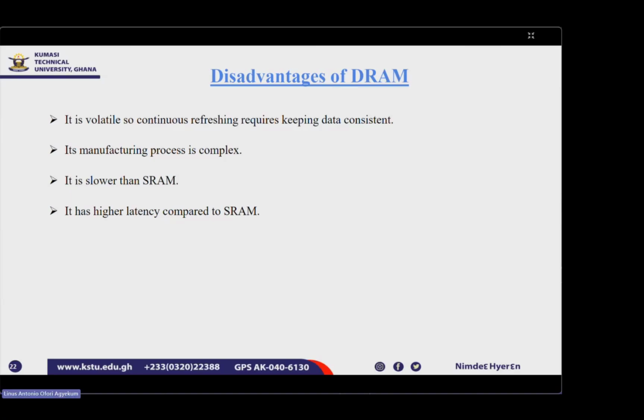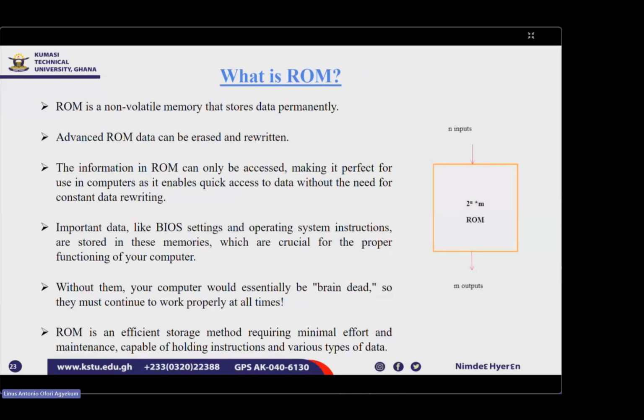Now, we move on to look at what a ROM is. A ROM is basically read-only memory. And it is a non-volatile, yes, Joseph, your hand is still up. Yes, sir. I want to verify something from the previous one that we had, the RAM.